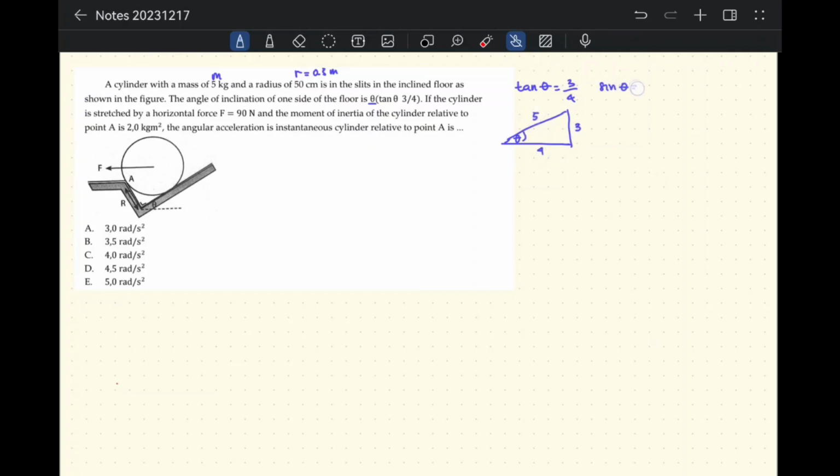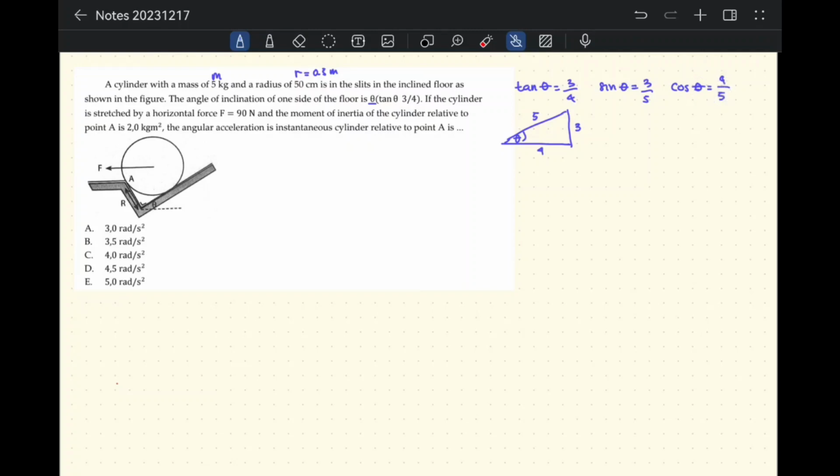Sin theta equals opposite over hypotenuse, 3 out of 5, and cos theta equals adjacent 4 out of hypotenuse 5.